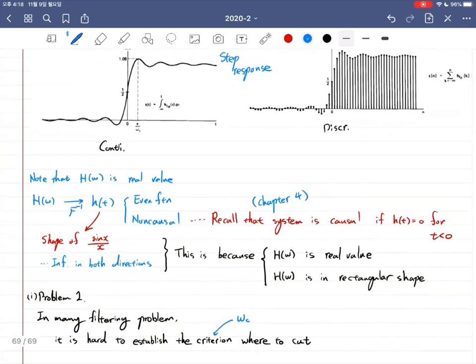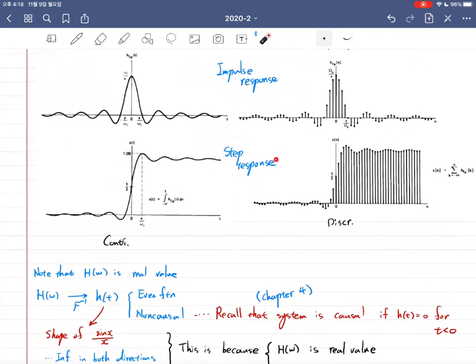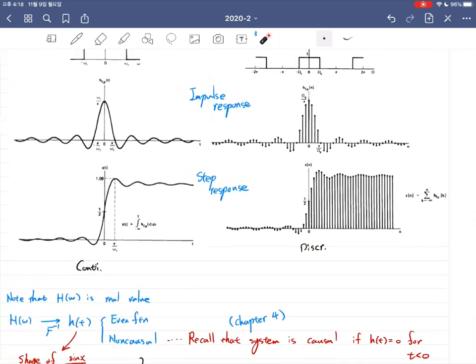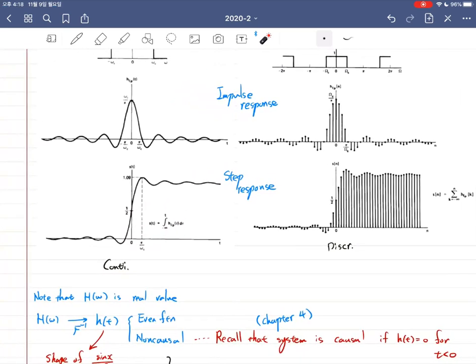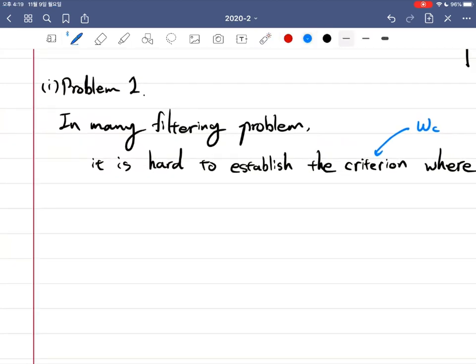And also, if you look at the step response of this low-pass filter, oh, by the way, let's derive how to get the step response of the ideal LPF. So I will start with that.